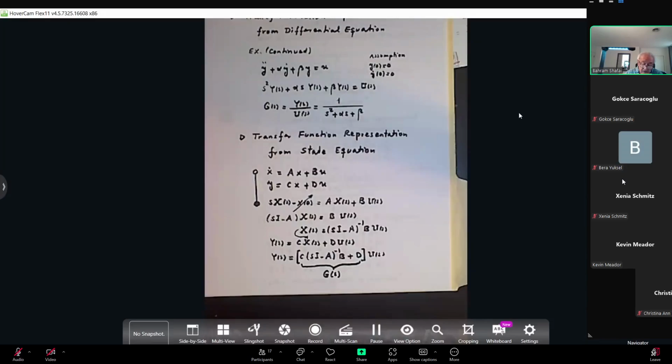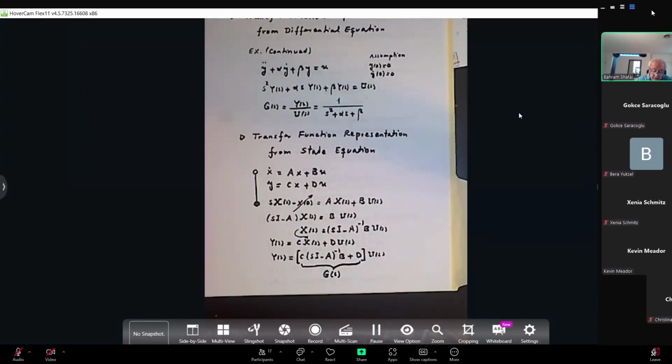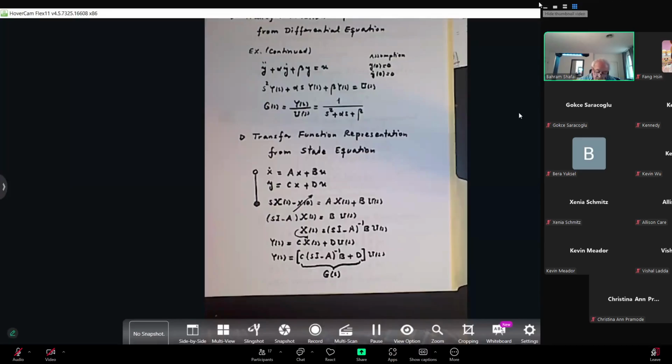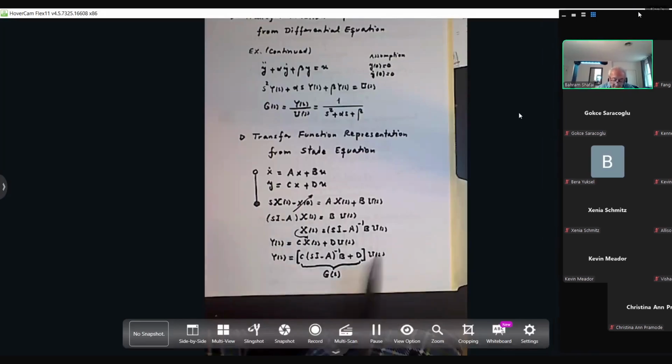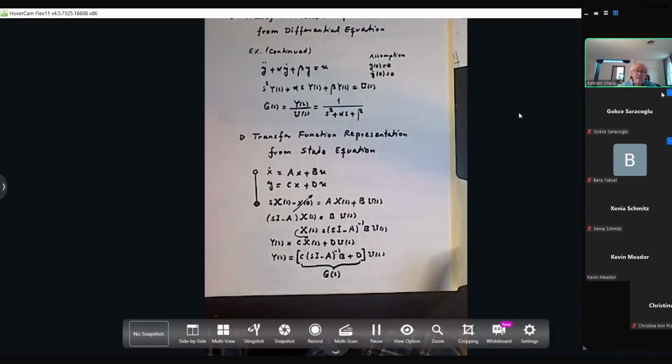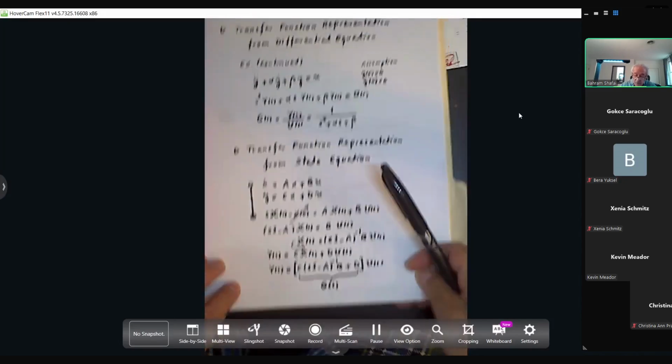Now, once I defined the input-output description and the state variable description, I said that you can actually connect the two very easily.